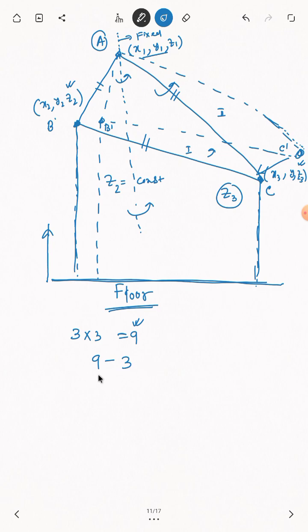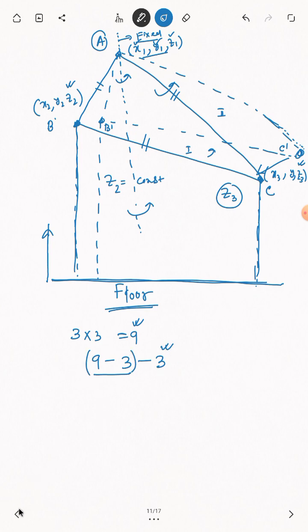So ultimately we have this for the 3 particle system, and now when it is swinging about a fixed axis, it is reduced further. As this point is fixed, we should eliminate these 3, x1, y1 and z1. I am repeating again, as this axis is fixed, every point on it is fixed, so x1, y1, z1 are eliminated.